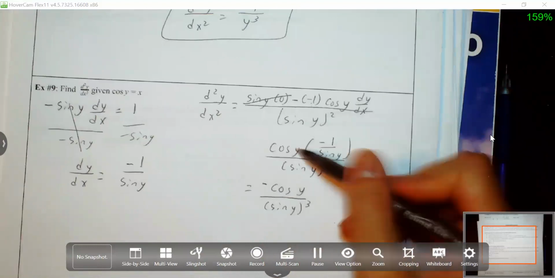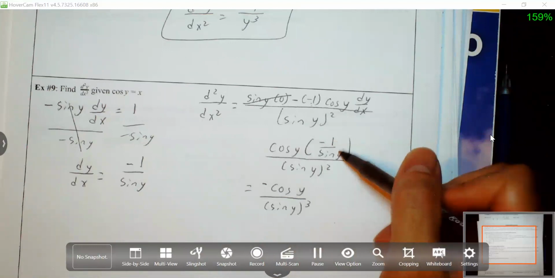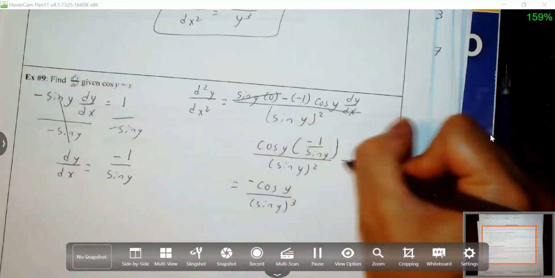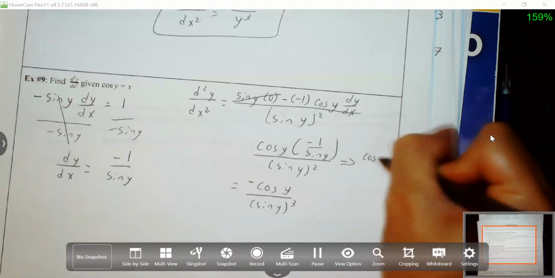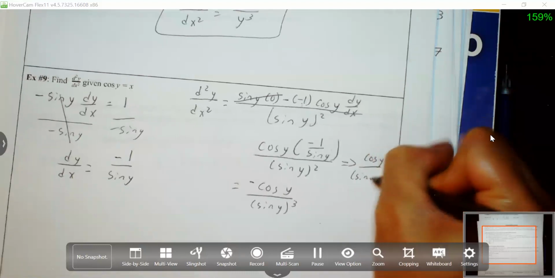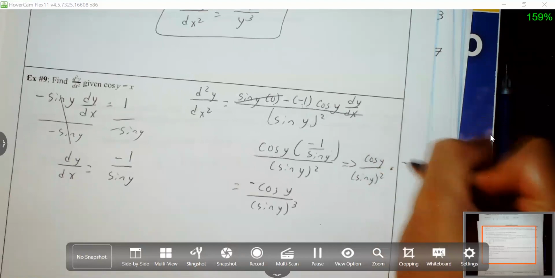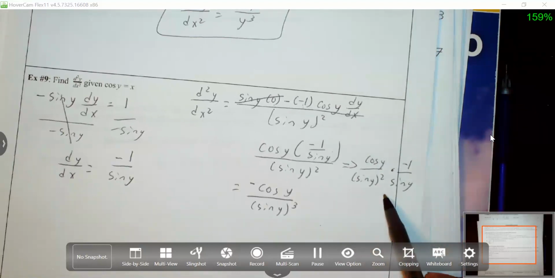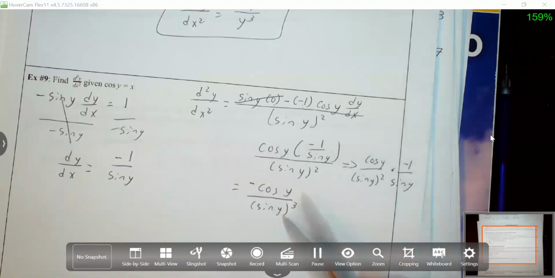Because if I'm multiplying cosine y times negative 1 over sine y, I'm really doing this, right? This is the same as cosine y over sine y squared times negative 1 over sine y. And so this is why I get this.